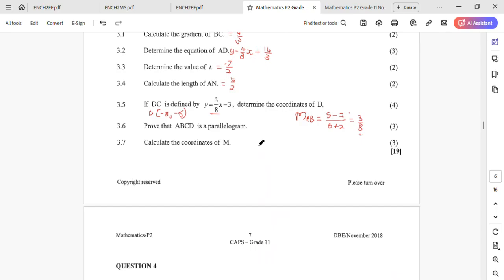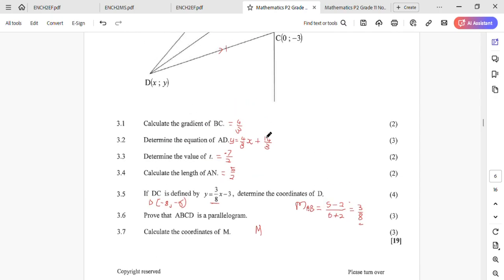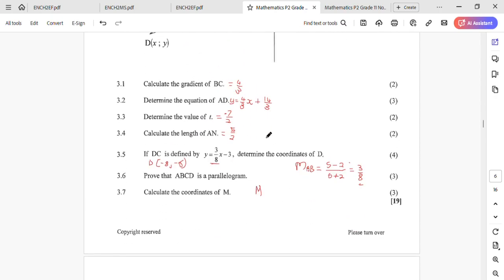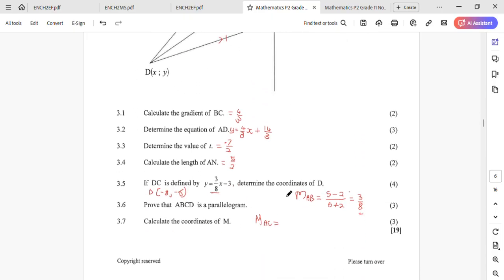So our formula for a midpoint is M. We're gonna use AC, since there will be no contradiction in that one. I would suggest that you most of the times use what you are given. Don't use what you are not given, what you are asked to calculate, if it's possible to use what you are given.